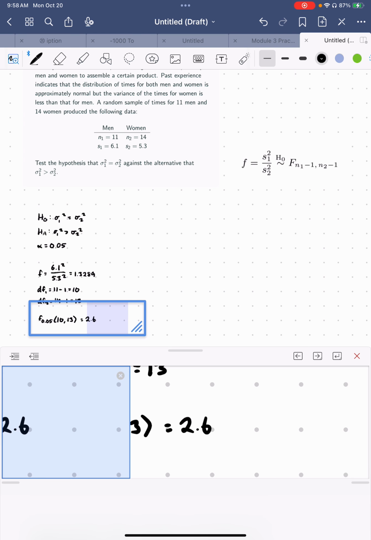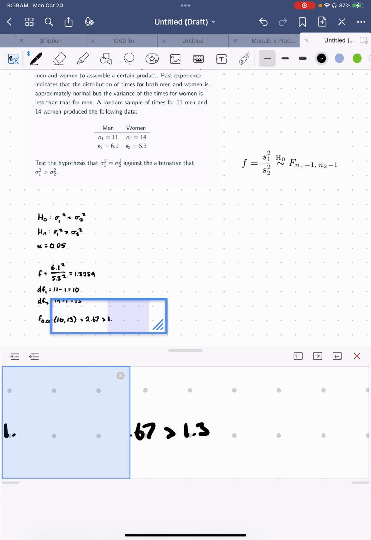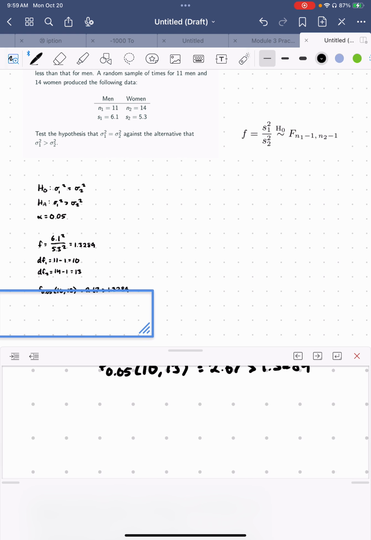Since the F value from our table is greater than the value we calculated, which was 1.3289, that means we fail to reject our null hypothesis.